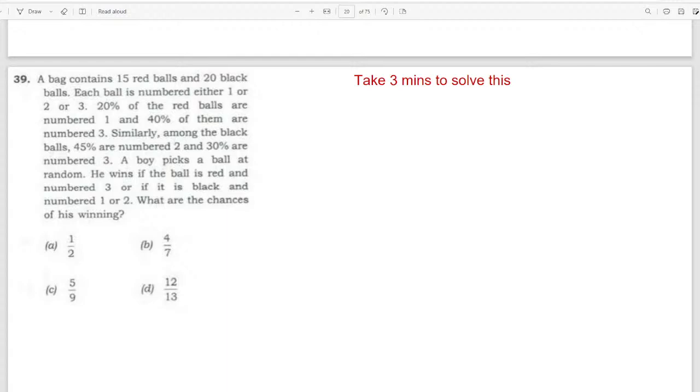What happened? Others who are solving, please let me know what the problem is. Shweta, Deepthi. Shweta, please do it quickly.